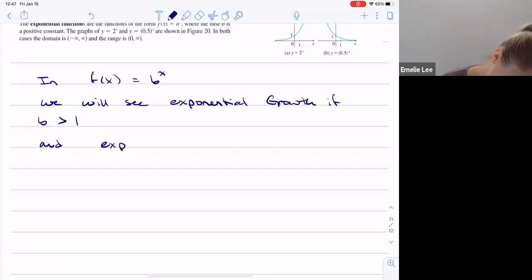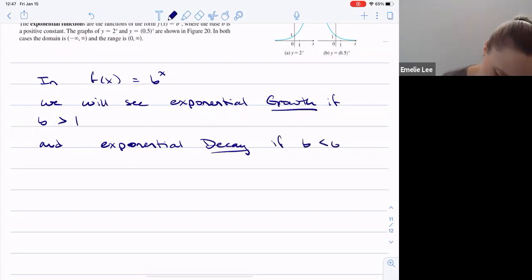And exponential decay, and maybe I'll capitalize that just to emphasize, if b is less than 1. So this is referring to the base.